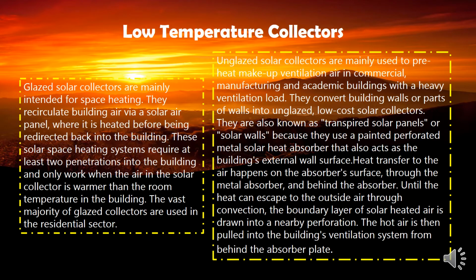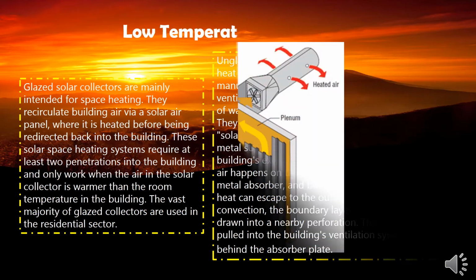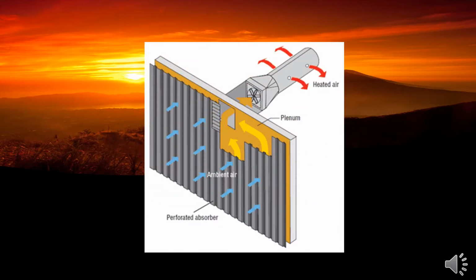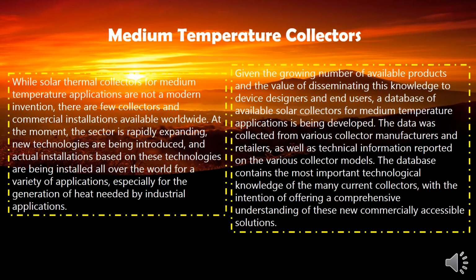The hot air is then pulled into the building's ventilation system from behind the absorber's plate. This is an example of an unglazed solar collector where the perforated absorber is literally the wall of the building.